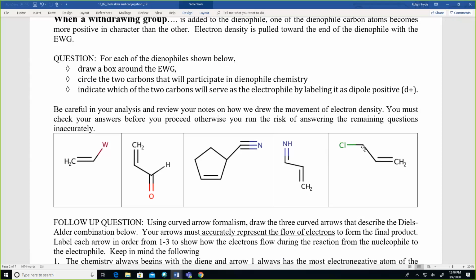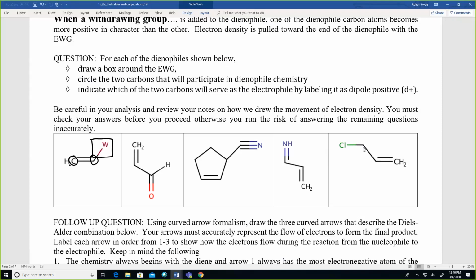I draw a box around my electron withdrawing group, so I don't get confused about what's my electron withdrawing group and I don't try to do chemistry with it. Then I know that this carbon right here and this carbon right here are the two involved in the chemistry.